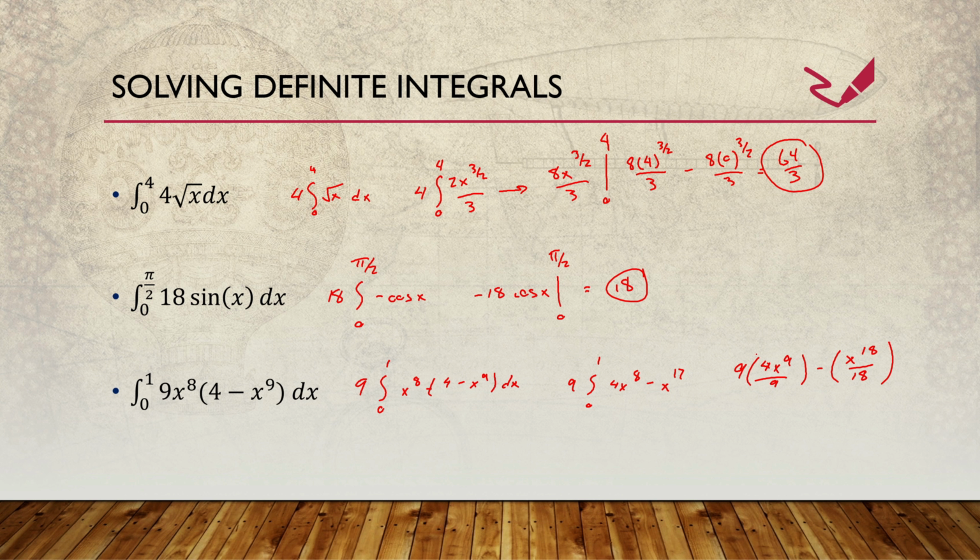And once you multiply this entire expression by 9, you can simplify it down to 4x to the power of 9 minus x to the power of 18 over 2. And once you bound it from 0 to 1, you will then have an answer that will be 7 over 2. So that's your definite integral.